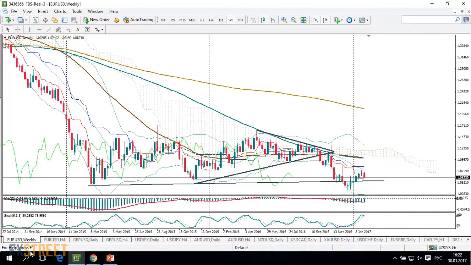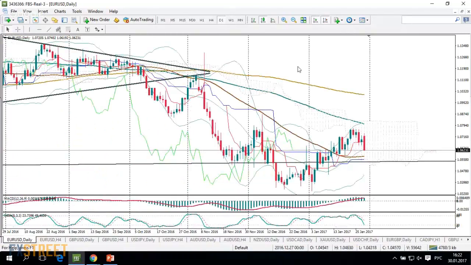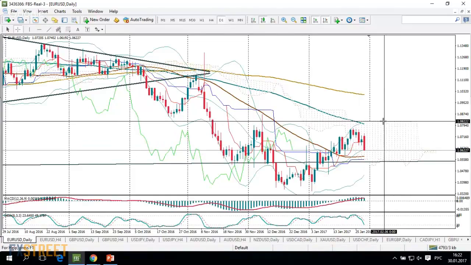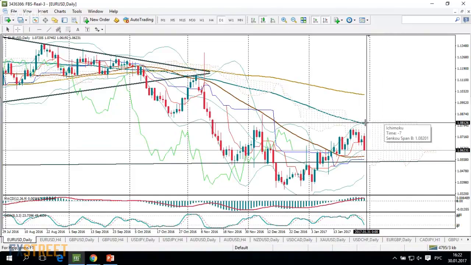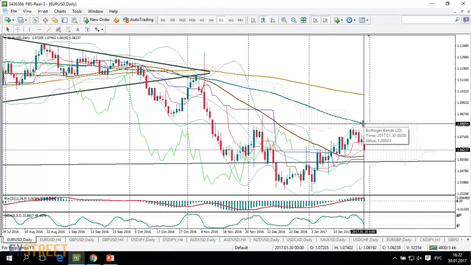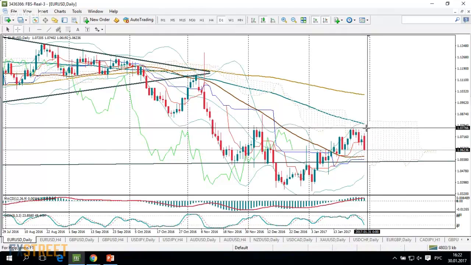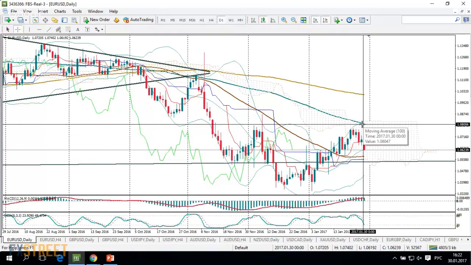Now let's switch to the daily chart to see that the pair hasn't reached the top of the daily Ishimoku cloud and hasn't reached the 100-day moving average.